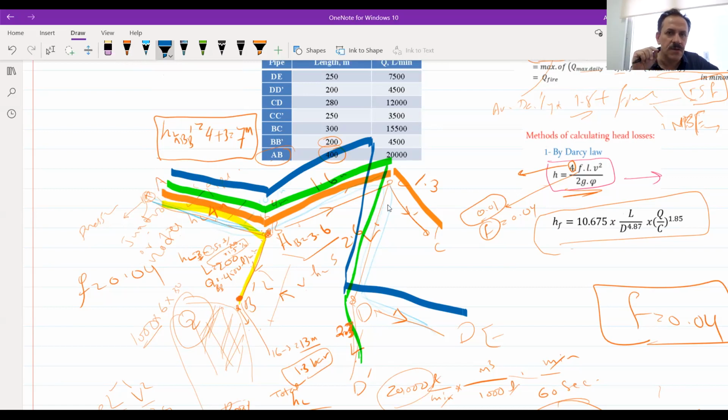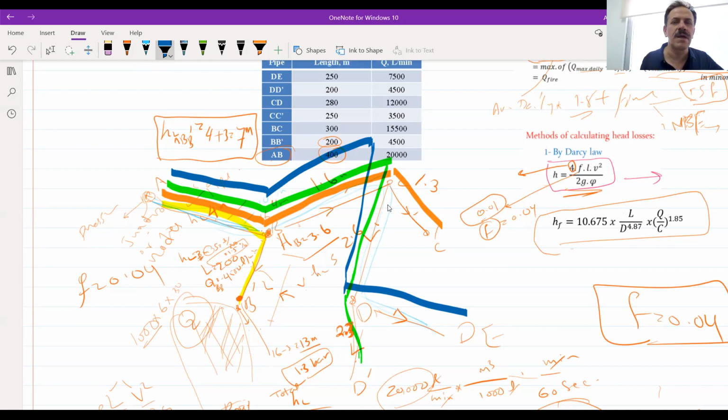The one that's giving you the highest value of the total head loss is called the critical path, or the critical route. Then what should we do? That route will give you the line with the most head losses in the network. So you should design that route first and then go back to the laterals.